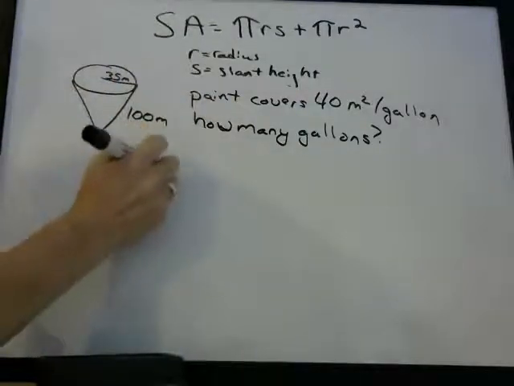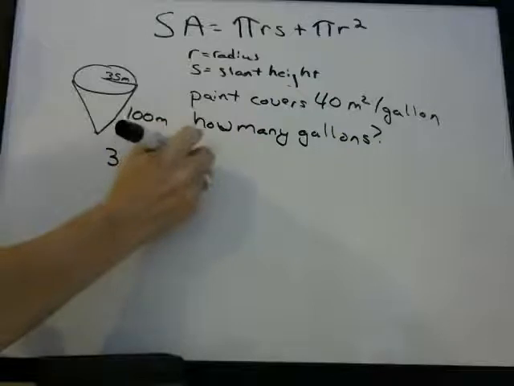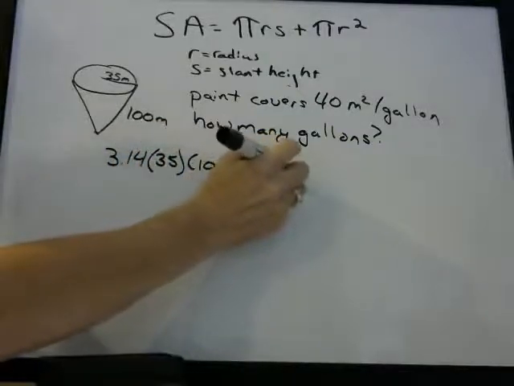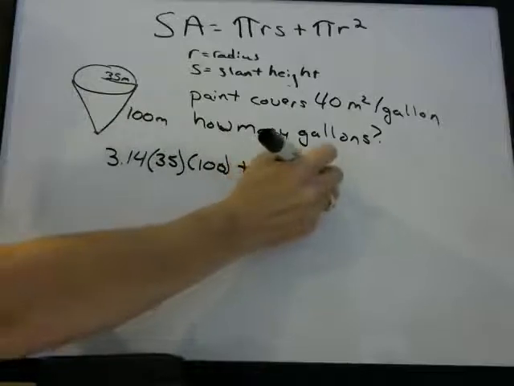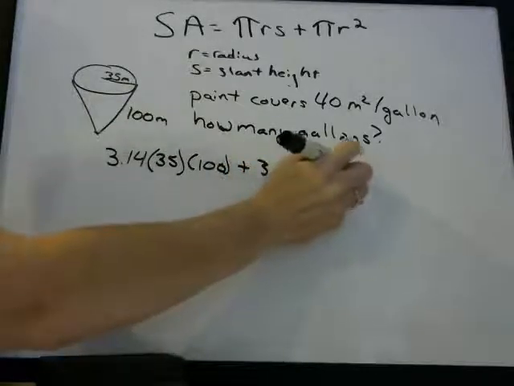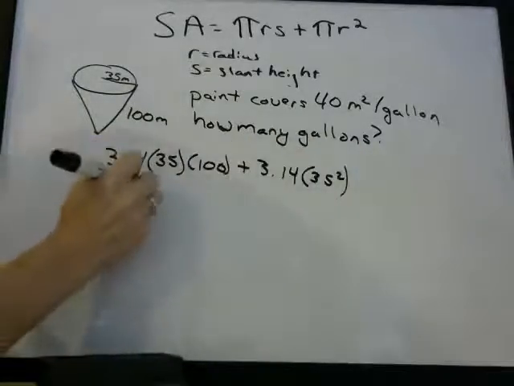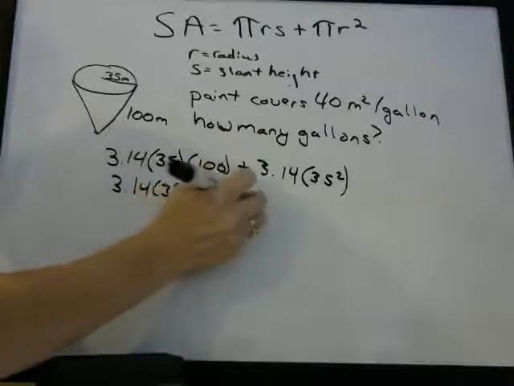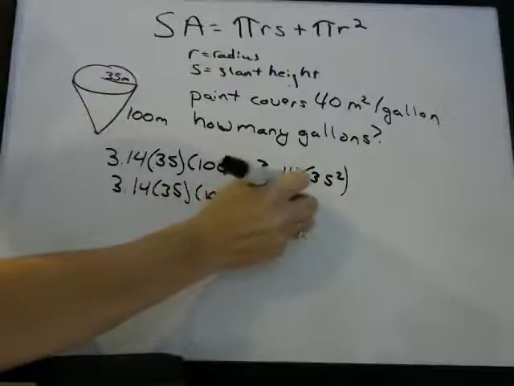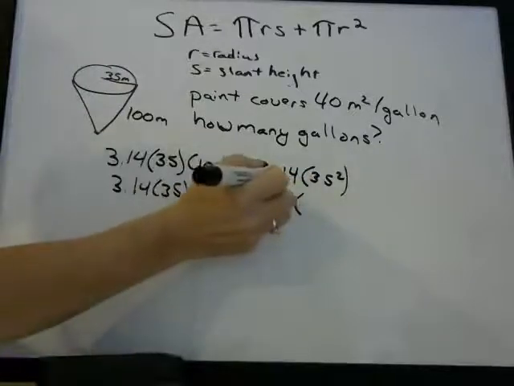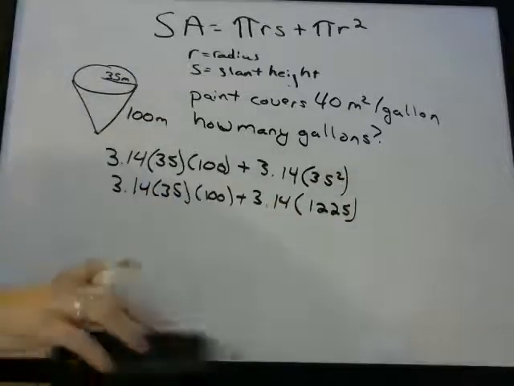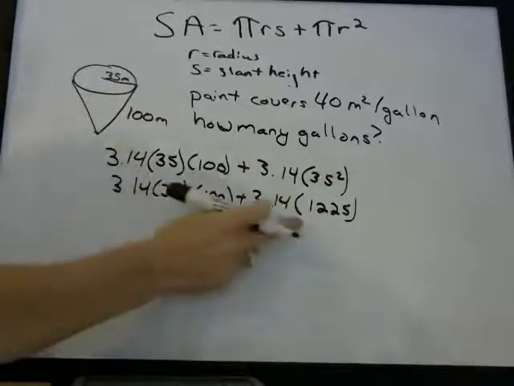Pi, radius, slant height, plus pi, radius squared, 35 squared. We have to do the exponent first. Plug it into your calculator. 35 squared, 35 times 35 is 1225. You're going to do the multiplications first and then the addition.